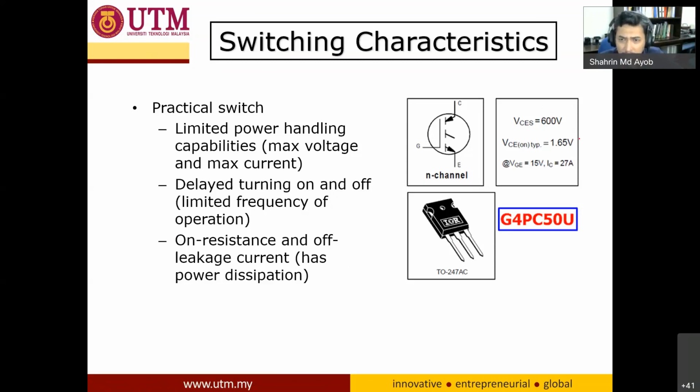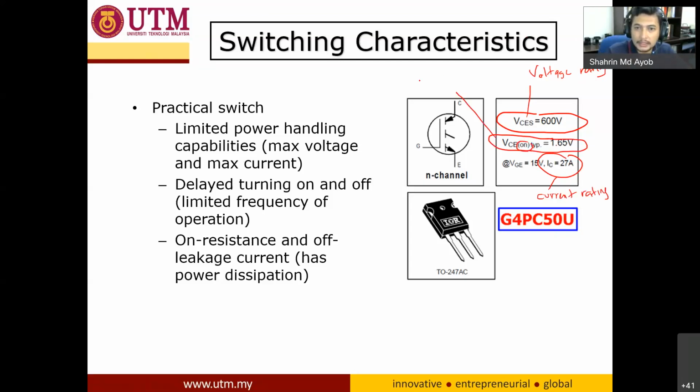What is the VCES and so on? This is the voltage rating. This one is the current rating. And this one, VC on, is the voltage drop during the on state.